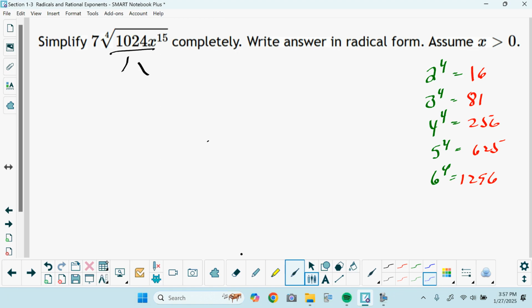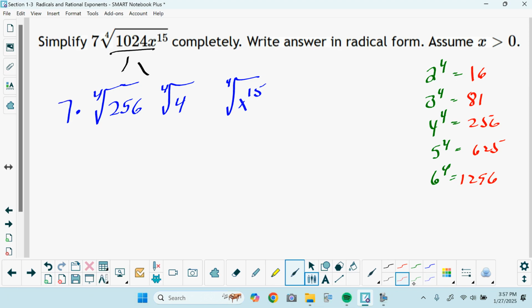So we should see that that is the fourth root of 256, and then it will go into it 4 times. And then again we can also split our x to the 15th, and we have that 7 sitting right there as well. So here we are, we have everything split, right?